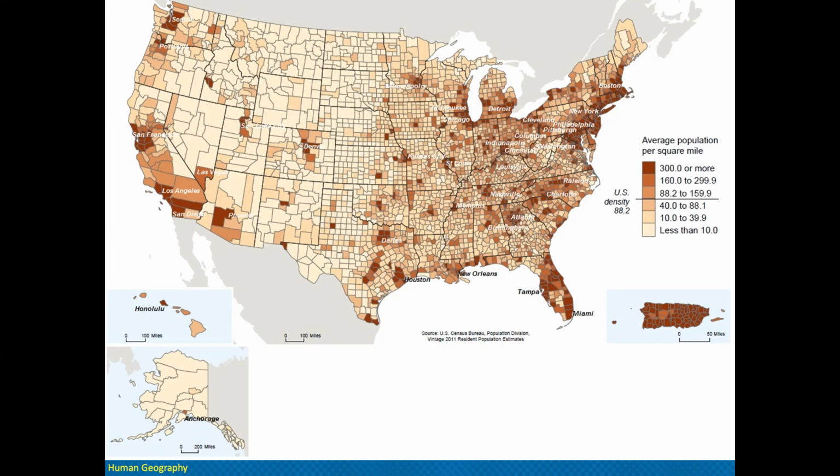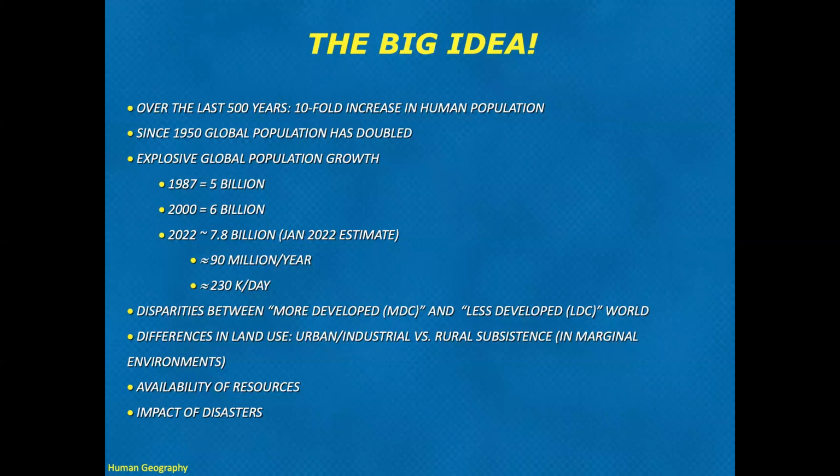So let's get going. So the big idea, so as of 2022, there are 7.8 billion people on Earth. It was 6 billion in the year 2000. It was 5 billion in the year 1987. So we will probably reach around 8 billion sometime around the year 2025 or 2024, depending on who you listen to.